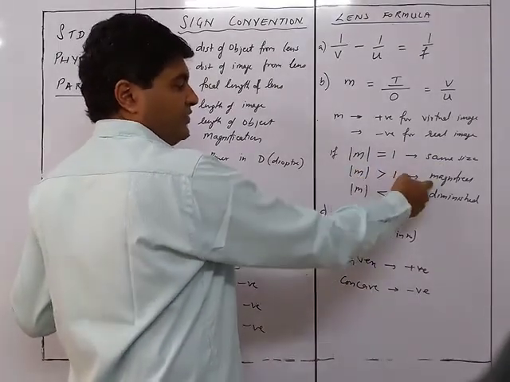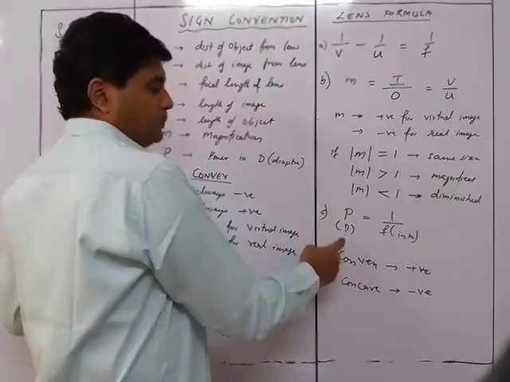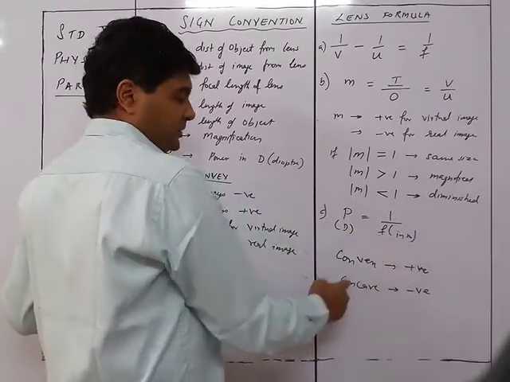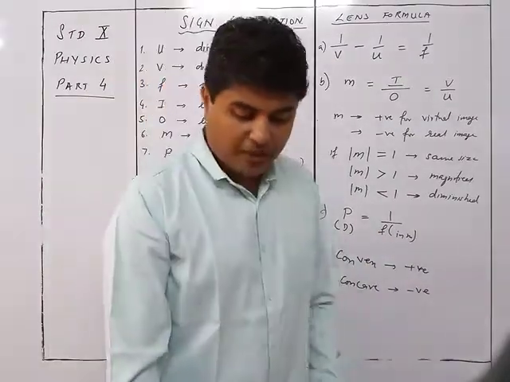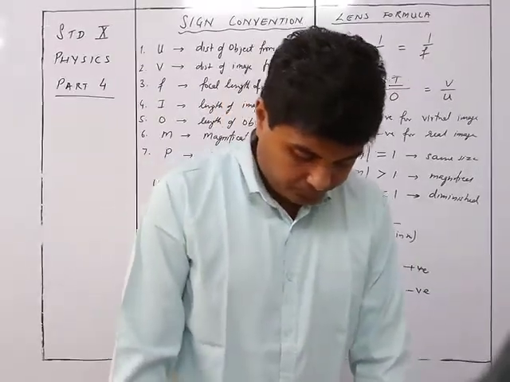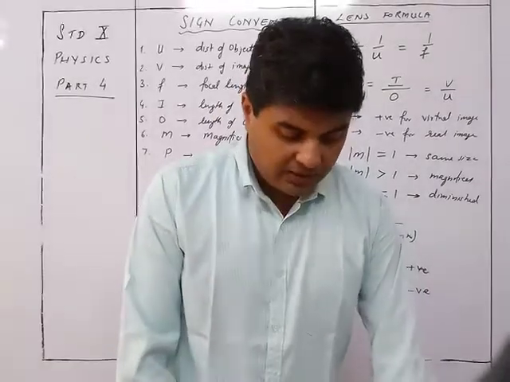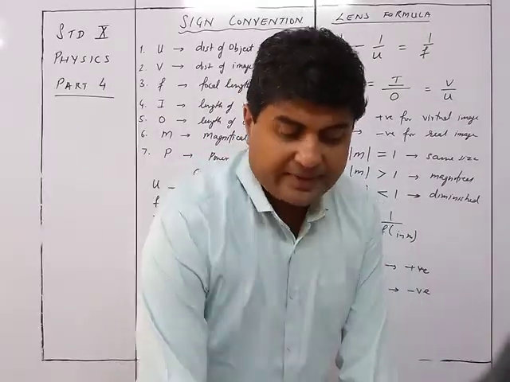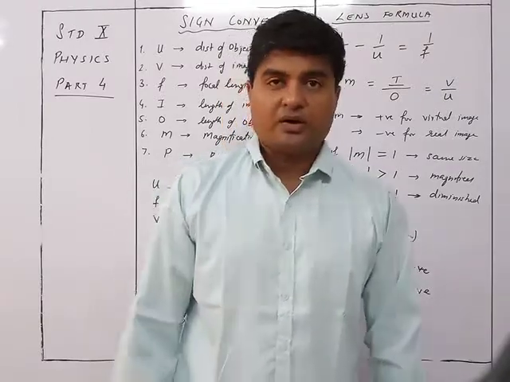M greater than 1, magnified image. M less than 1, diminished image. Power of the lens in diopter is 1 upon F in meters. Convex lens power will always be positive. Concave lens power will always be negative. Is it clear? So this was about the sign convention. In the next video, we'll move on with the numericals of this particular chapter.